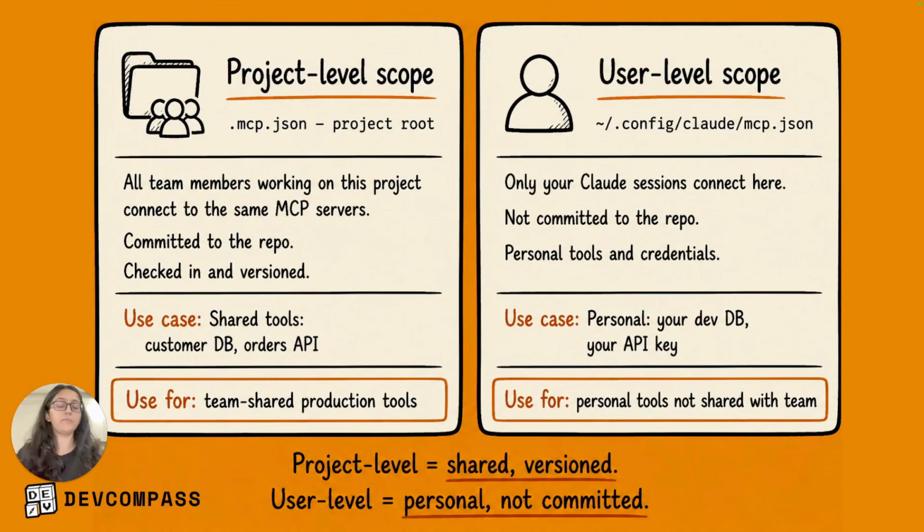Something you're experimenting with that isn't ready to be shared, or for credentials, which will bring me to my next slide. But project level equals shared and versioned, user level equals personal and not committed. And I want you to hold that in mind when you see an exam question describing a team configuration scenario. But let's go to the credentials.